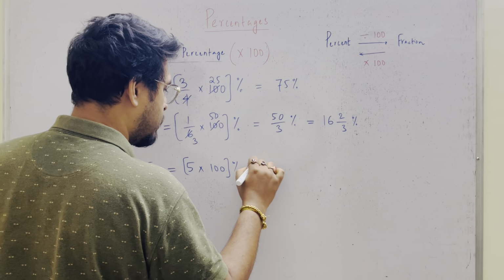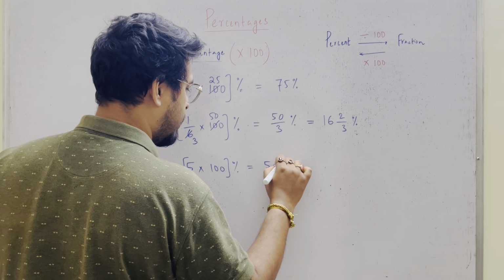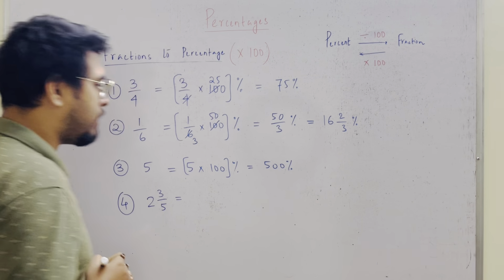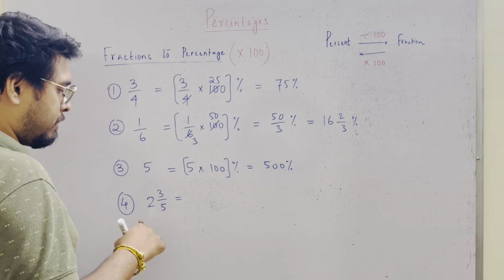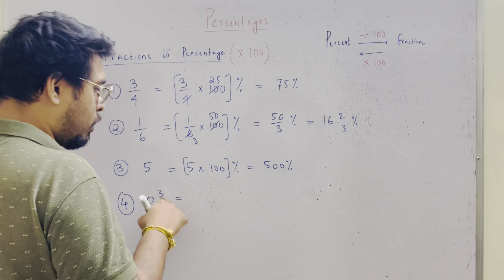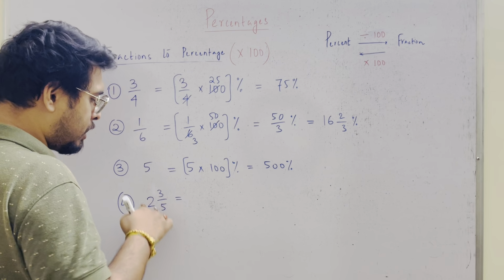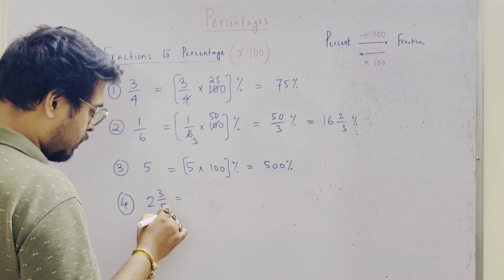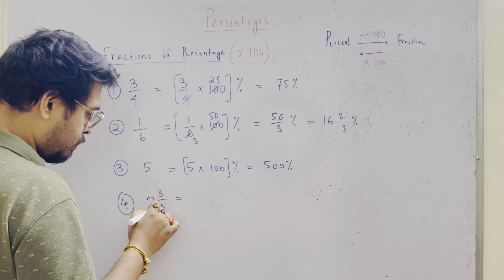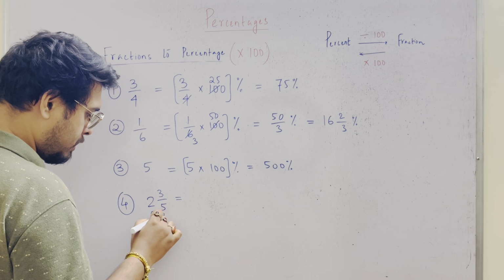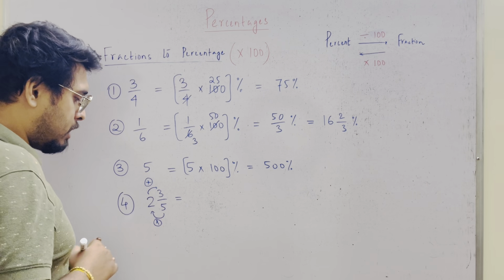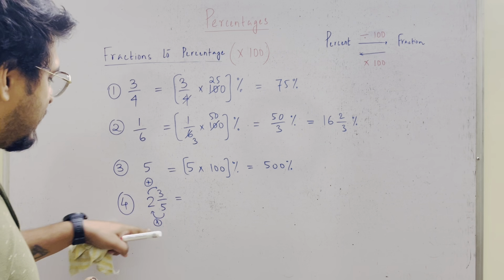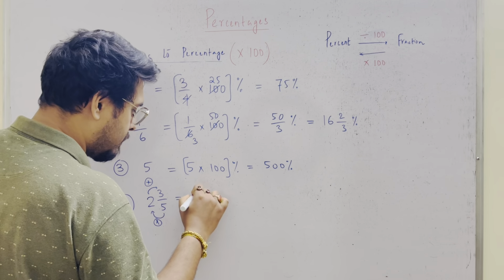For the third one, in order to get to the percentage, we have to multiply by 100. 5 times 100 is 500, so 5 is actually 500%. For the last one, before we multiply by 100, let us convert it into an improper fraction. We multiply 5 times 2, and then add 3. 5 times 2 is 10, 10 plus 3 is 13.